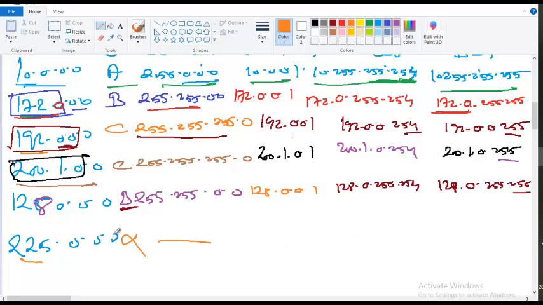You may say at most that this belongs to the class D multicast range. So there is no first IP or last IP or broadcast IP for the multicast range. Okay, so 225 is not a valid IP address, not a valid network. It's a multicast range.